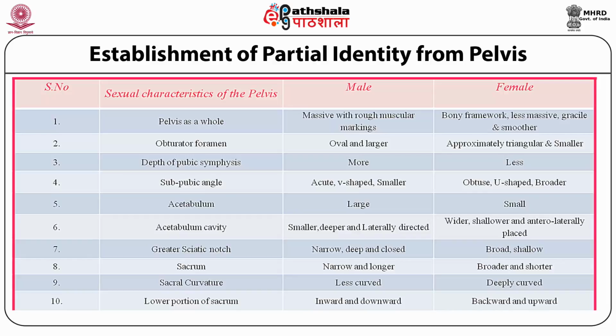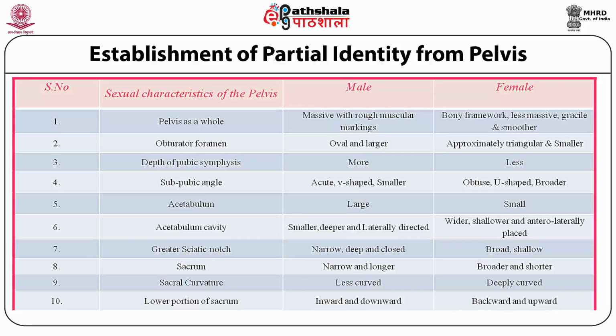The greater sciatic notch is narrow, deep and closed in males, and this notch is broad and shallow in females. The other characteristics include sacrum, sacral curvature, and lower portion of sacrum.